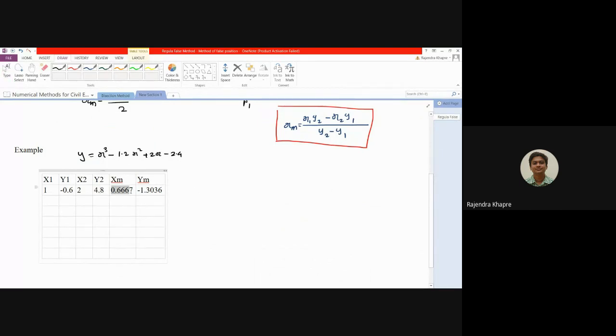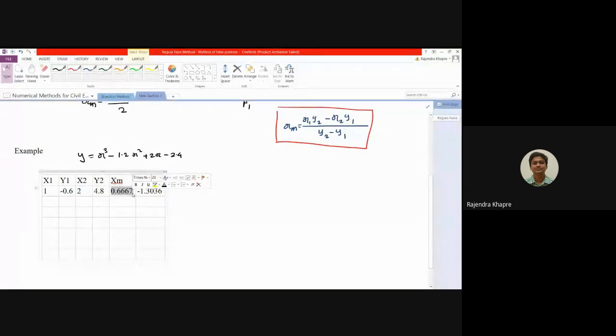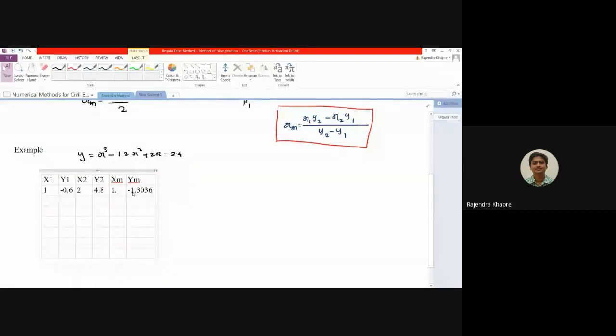Please check the value of xm. Someone please check. Sir, xm is 1.1111. Okay, that's why I was wondering, because it should not go outside the limit.